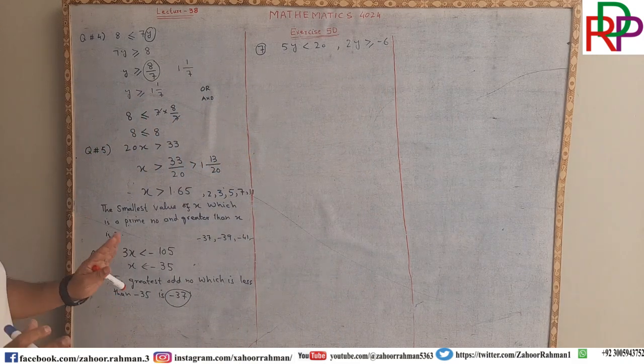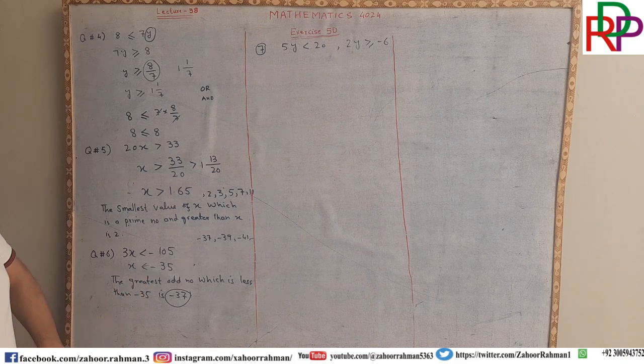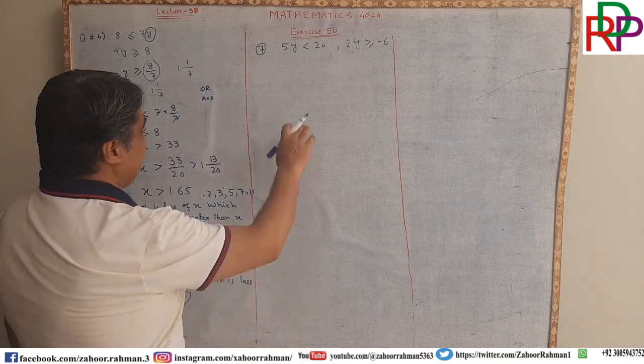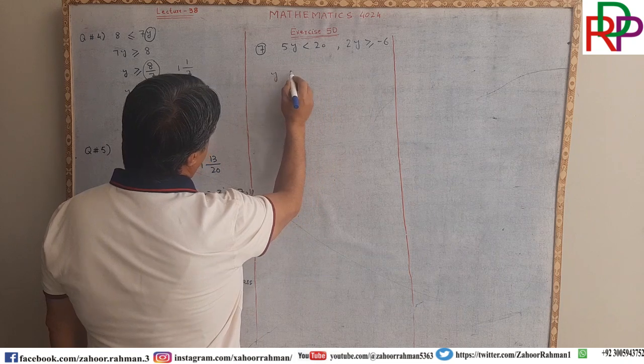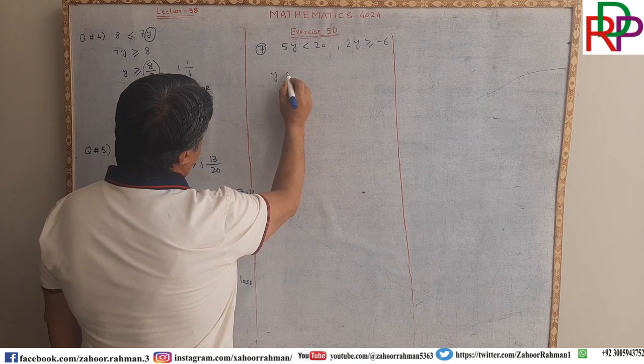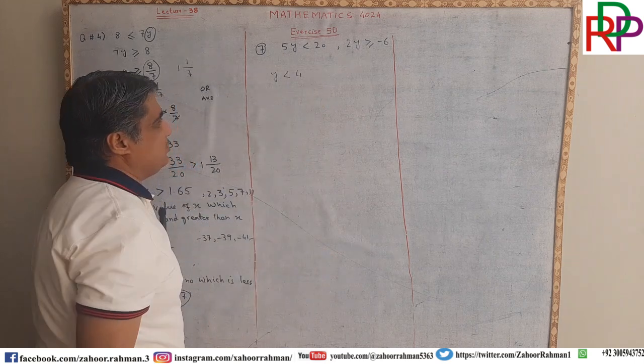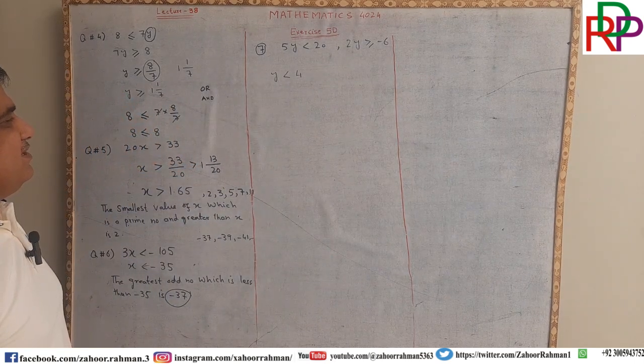Ladies and gentlemen, we have to solve these two inequalities at the same time. Dividing both sides in this case by 5, that will be y less than 4.